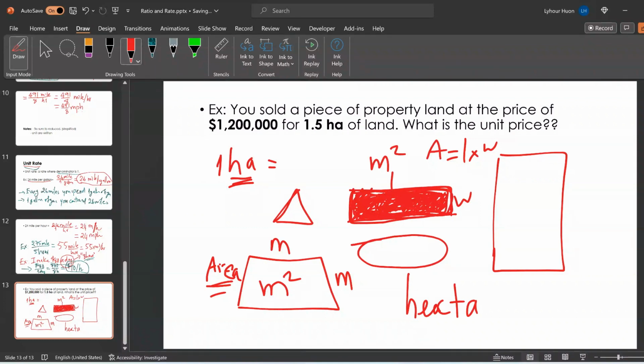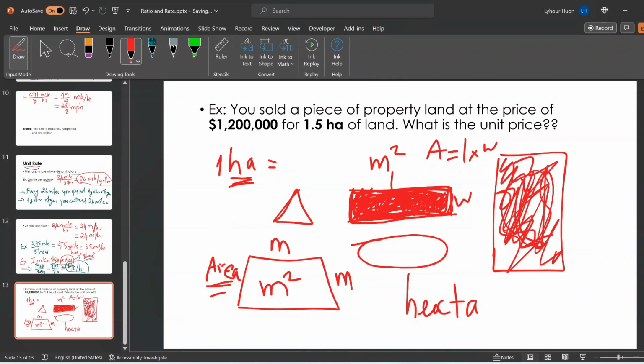For example, the area of this rectangle, this is the area.